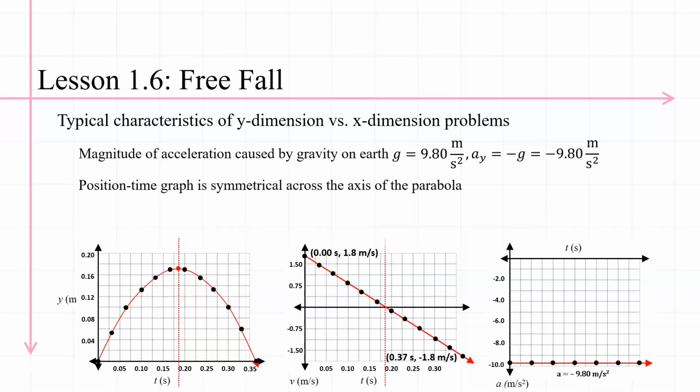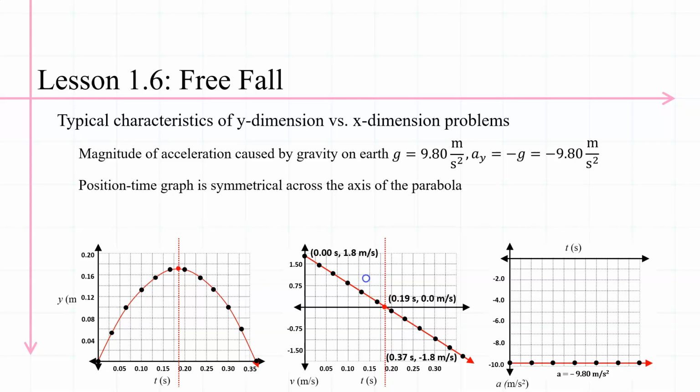Now, I wish I could include this point to 3 decimal places, but I actually have to round it off to 2 decimal places for significant figures. So I would have written it as 0.185 seconds, but I actually have to put 0.19 seconds. It's halfway in between, though, because everything is symmetrical in a parabola.